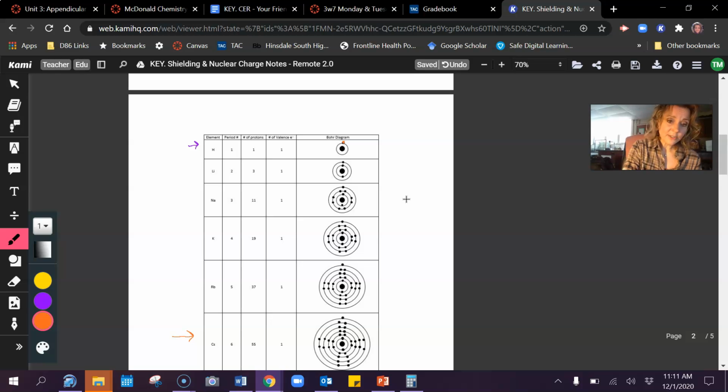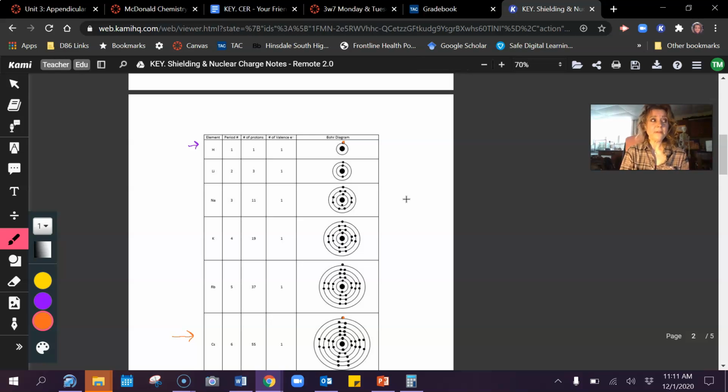And then the valence electron for cesium is way out in the 6th energy level. So I think that your answer is clear. Cesium's valence electron is further from the nucleus than hydrogen's. So your answer to number 3 is hydrogen, and your answer to number 4 is cesium.